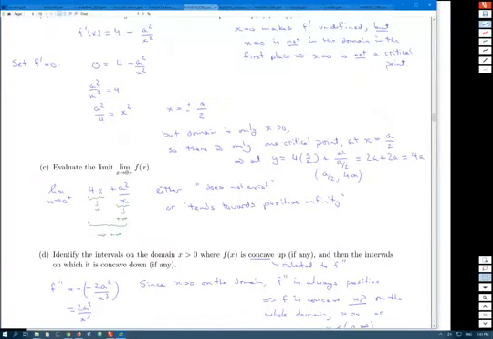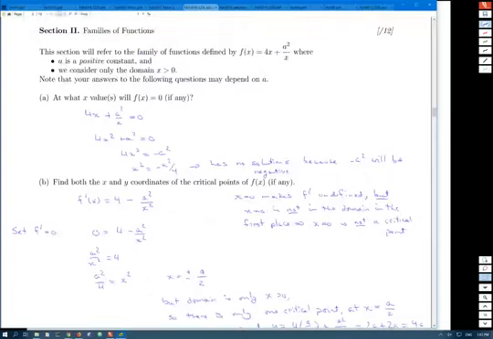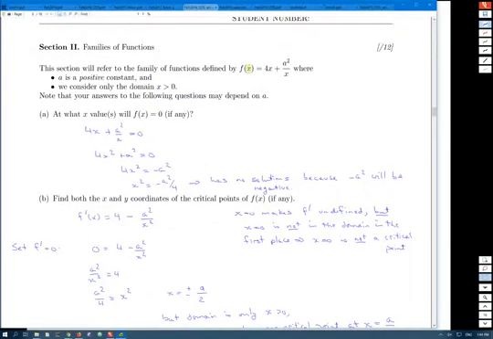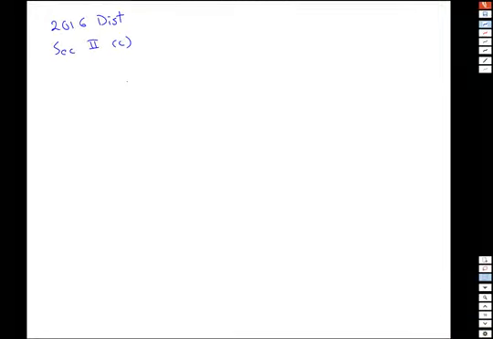Okay, right, so evaluating the limit as x goes to 0. So the function is the original one up here, 4x plus a squared over x. So I'm just copying down the limit statement.